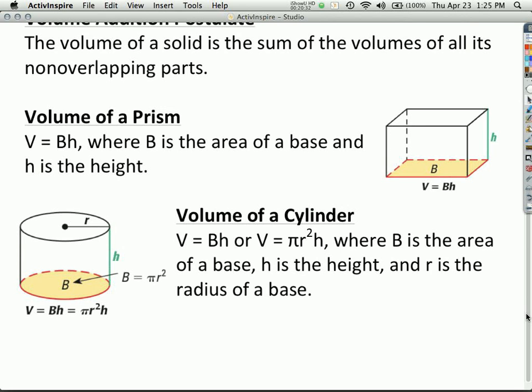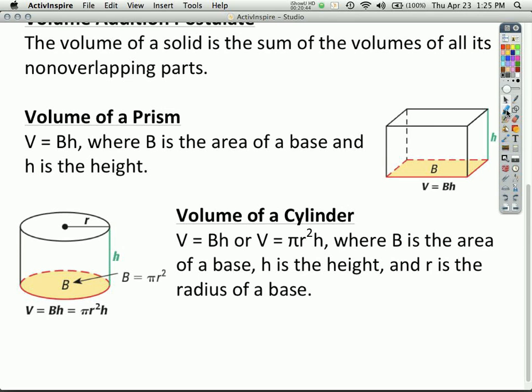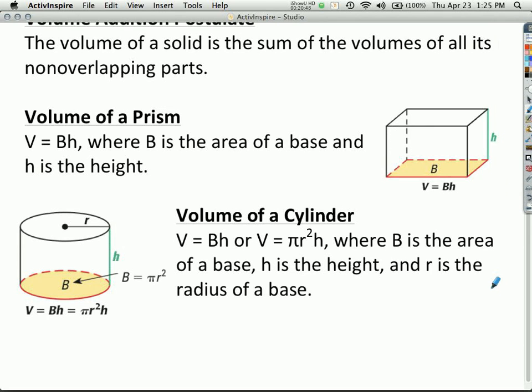What you're going to notice is that the volume of a prism and the volume of a cylinder is actually the same. In some sense it's the same, and in some sense it's different. I'm going to take an approach with you that will help some of you, and for others, I'm not sure. We'll have to wait and see. But we're going to use the same volume formula no matter what.